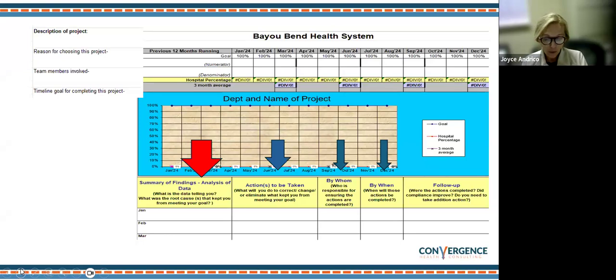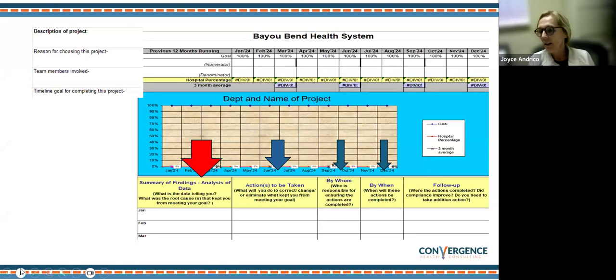If so, great, you're going to continue with that. If not, you need to change your actions. Look at the data again. Is it telling you the same thing, that this is where your roadblocks are for not meeting your goals? And then you take different actions. And that's part of your follow-up, and you start again.